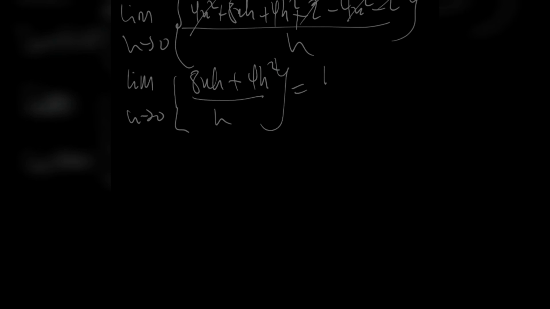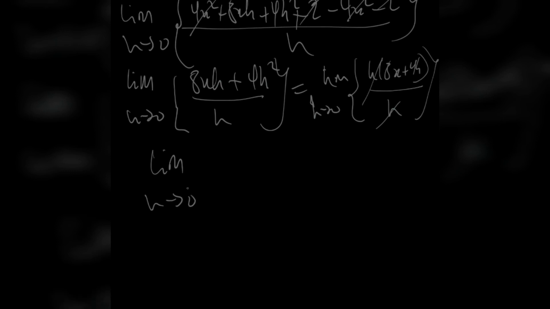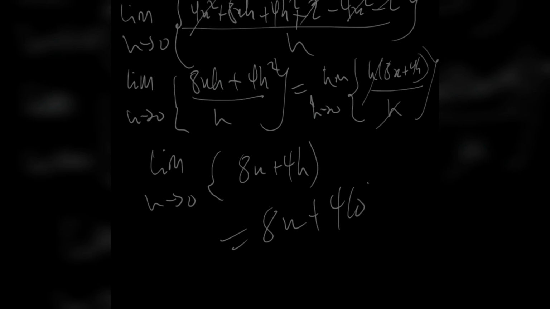So we can factor out h, we get the limit as h approaches 0 of h out, we get 8x plus 4h all over h, so the h cancels out, and we get 8x plus 4h, which is 8x plus 4 multiplying 0, and that is 8x. Okay, so yeah, that will be it.